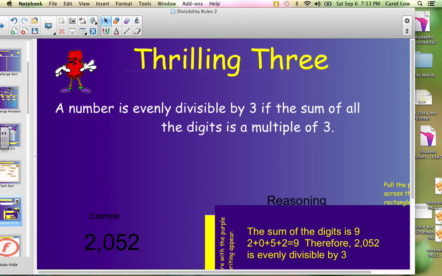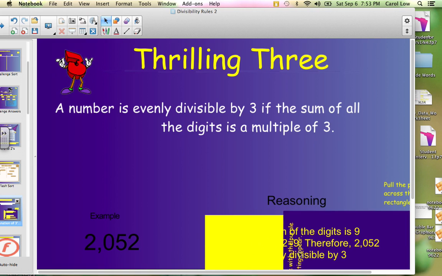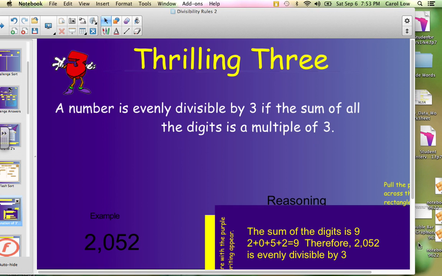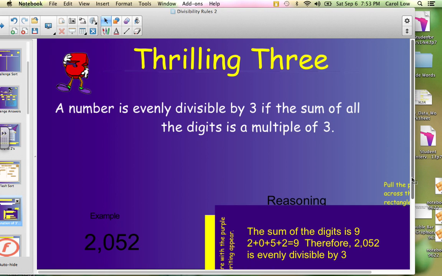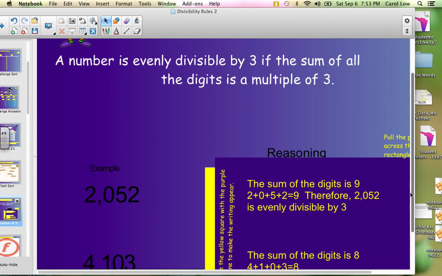The thrilling threes. A number is evenly divisible by 3 if the sum of the digits is a multiple of 3. Okay? Having a little difficulty here.